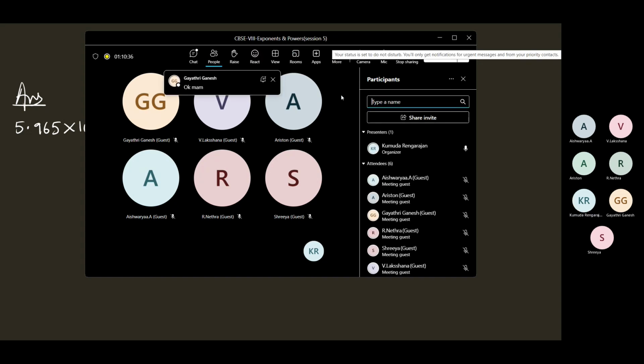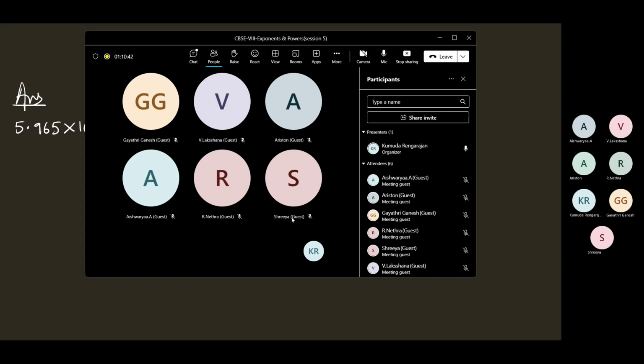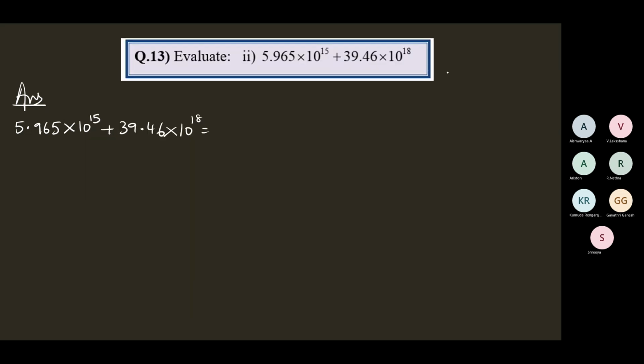Nobody wants to share, children? Ma'am, I'm not done, but can I share? Yeah, yeah.